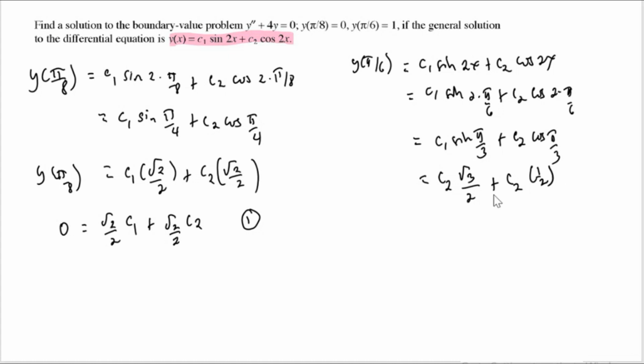Since y of pi over 6 equals 1, I will write it here as 1 equals, simplifying, square root of 3 over 2 of c sub 1 plus 1 half of c sub 2. I will name this one equation number 2.